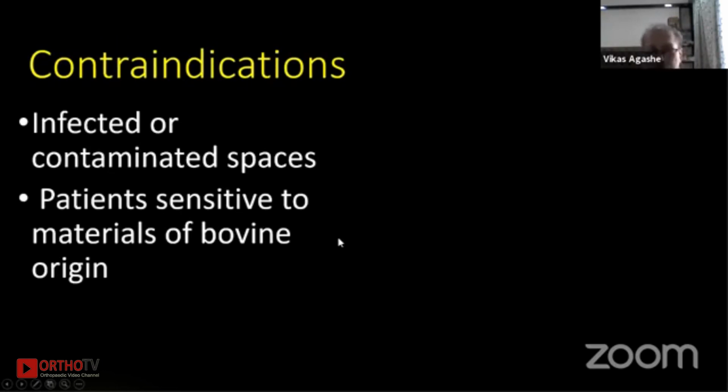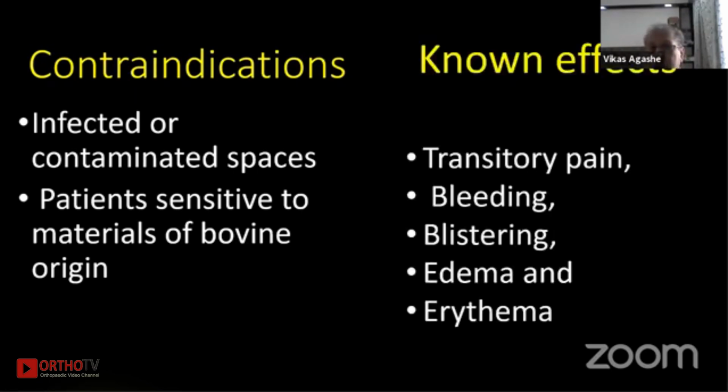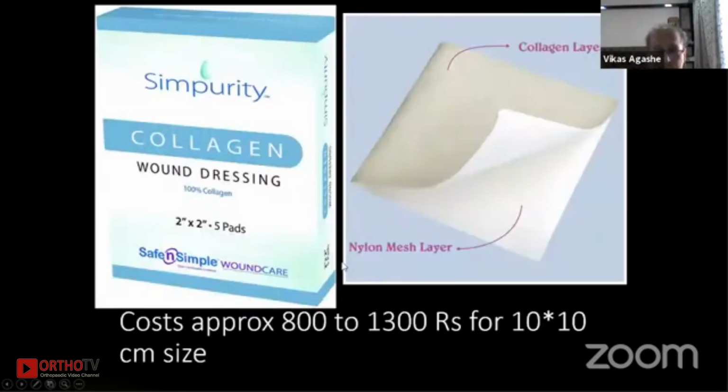They cannot be used in infected or contaminated spaces, and there are some people who are sensitive to bovine material and therefore may develop an allergy. They are also known to cause transient pain, bleeding, blistering, edema and erythema. It costs almost 800 to 1,300 rupees for different sizes.